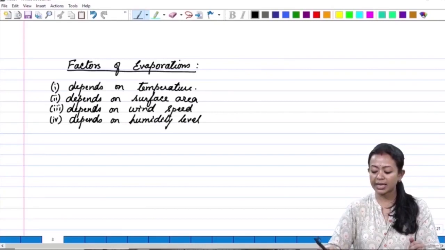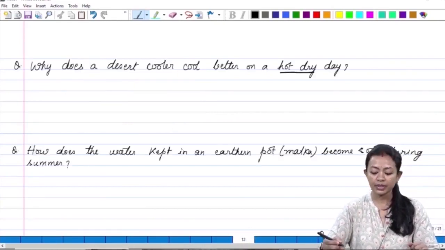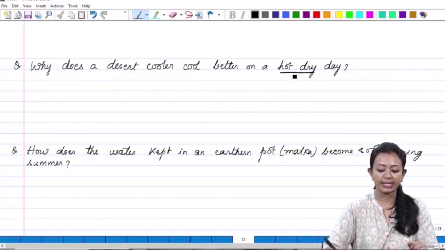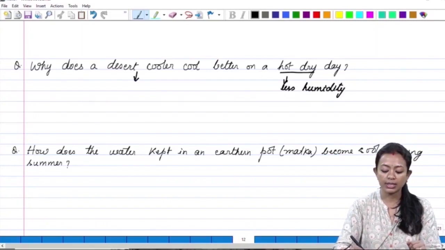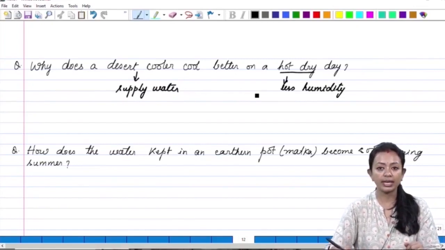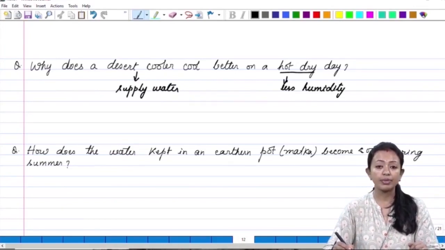So the same thing can be applied in solving this problem. Here, because it is a hot, dry day, that means there is less humidity. And what is a desert cooler? That means supply of water. So definitely there is a very good linkage that on a hot, dry day, the desert cooler is effective in cooling because the level of humidity is very, very less.